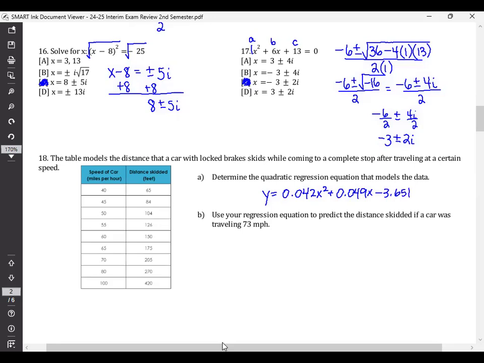I'll write it out for this one: I just type this in right here, squaring the 73. It ended up giving us, I think, 223.7. Since the rest of my data was whole numbers, I would probably say that it skidded 224 feet.